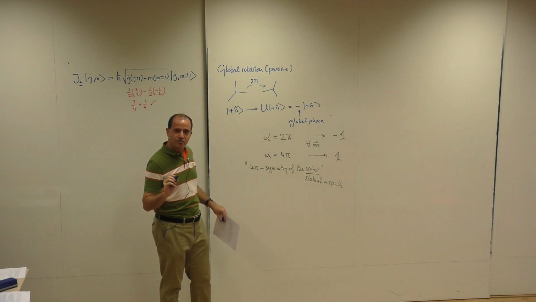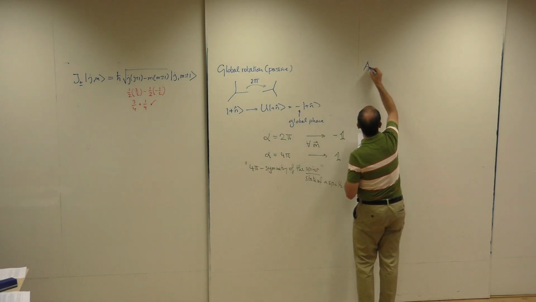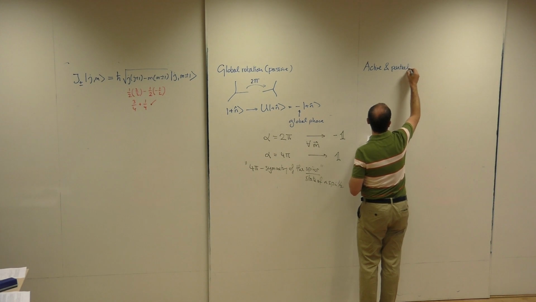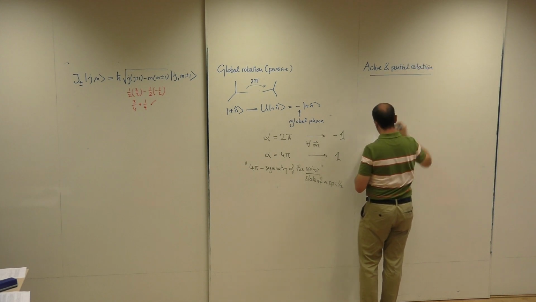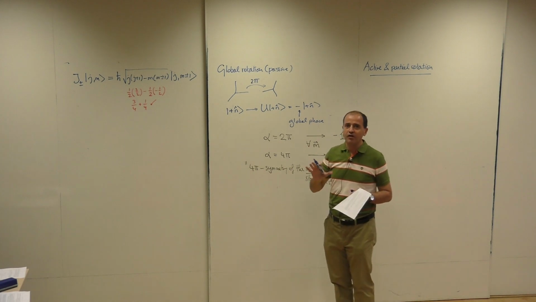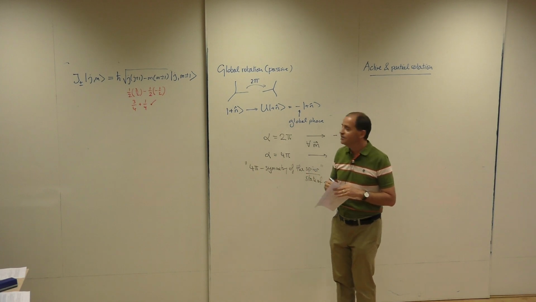Now, however, what happens if I do an active and partial rotation? Let me go for an example. By partial, I mean I do a rotation on a spin only when it is somewhere. And now we are going to see something that is beautiful.